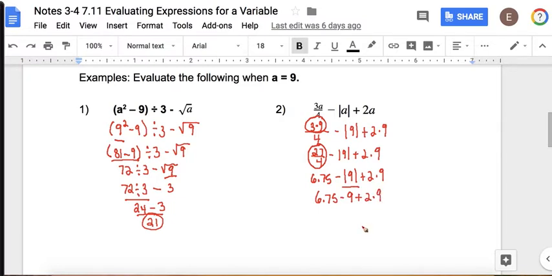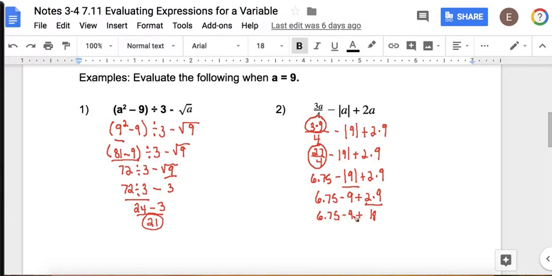So now I'm going to look for exponents, and I don't see any. So I'm going to look for multiplication or division from left to right. Here it is. 2 times 9 is 18. Bring down 6 and 75 hundredths minus 9.